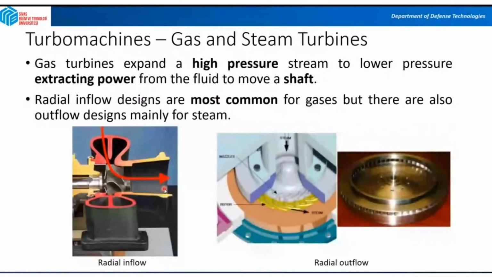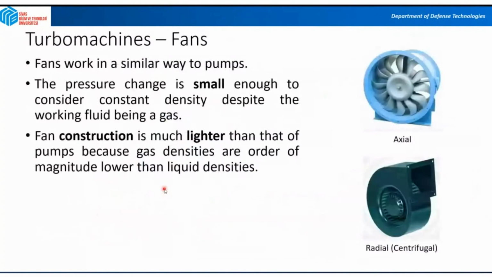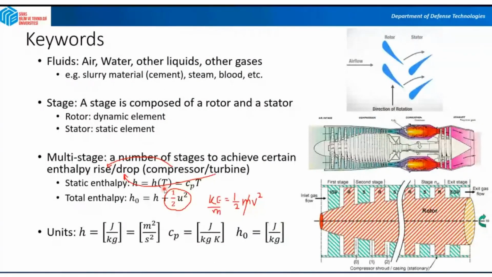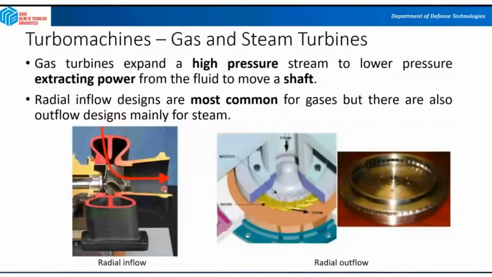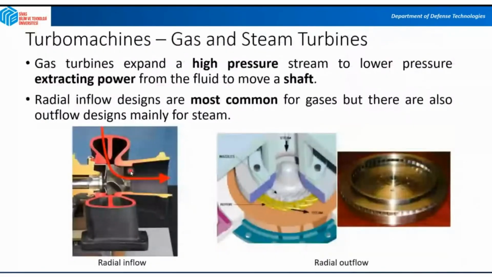Okay, so far you saw these hydraulic pumps and then fans and then compressors. Now let's go to gas and steam turbines. So we said that turbines are there to just drop the enthalpy or just get some pressure from the fluid.